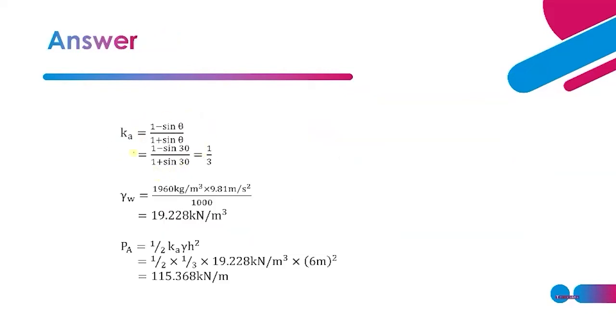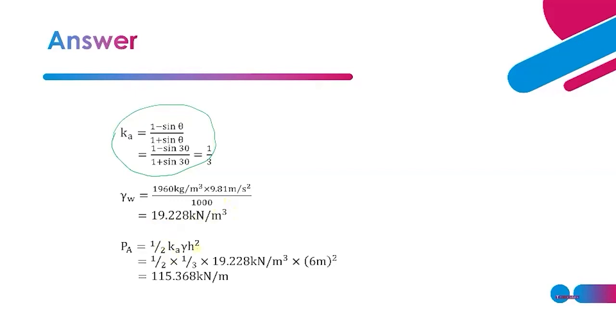You nampak je perkataan soil, so mesti ada shearing resistance. You need Rankine theory. Here I convert lah from the density, I convert jadi unit weight. Darab dengan gravity acceleration divide by 1000 to convert Newton to kilonewton. Dapat 19.228 kilonewton per meter cube.